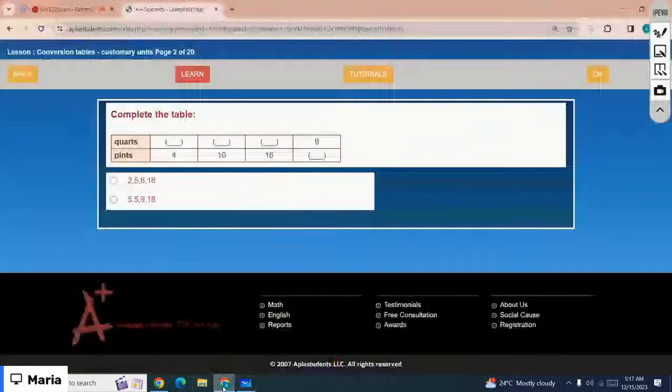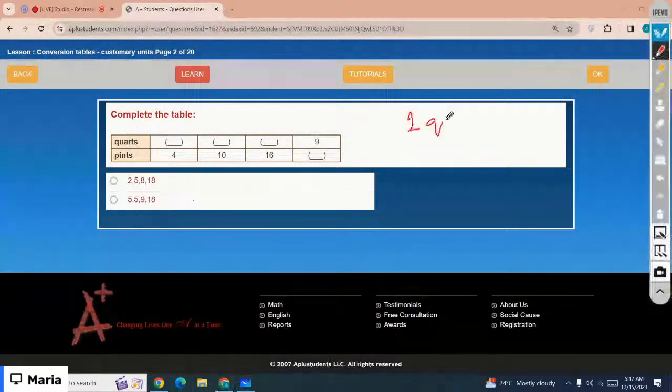So that is the conversion of quarts to pints. 1 quart is a bigger unit, right? Keep this very important point in your mind. 1 quart equals 2 pints.